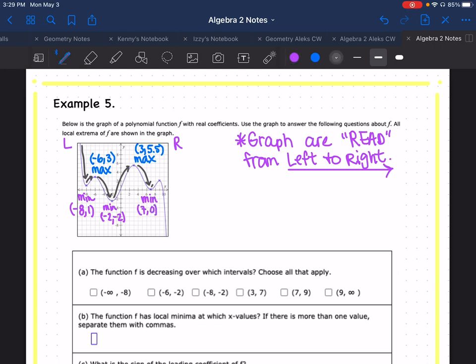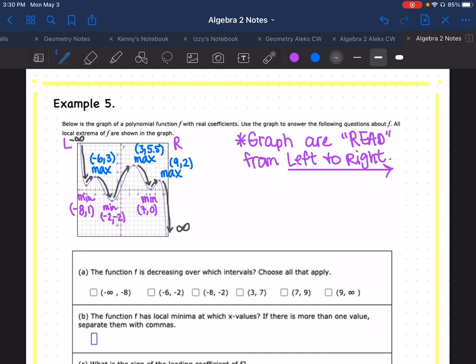It takes one more turn upward to a maximum, which appears to be at the ordered pair 9, comma 2. And then it decreases until negative infinity. This is the symbol for negative infinity.